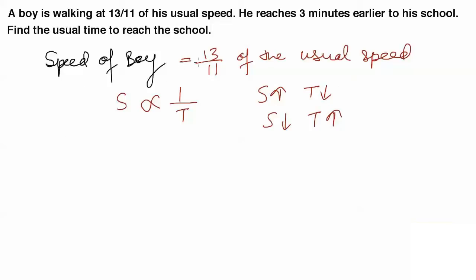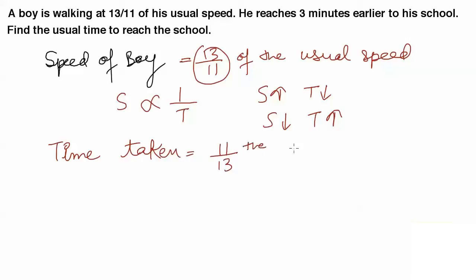So if the speed increases by 13/11, the time taken will decrease in the same ratio. So the time taken will be 11/13 of the usual time.